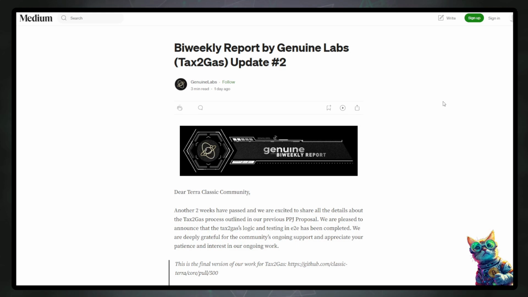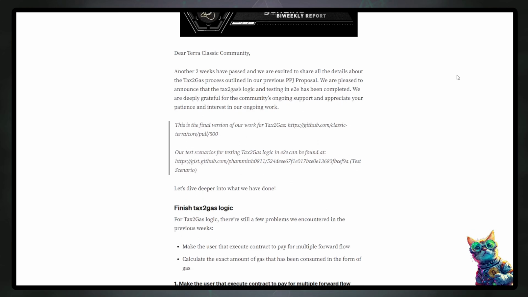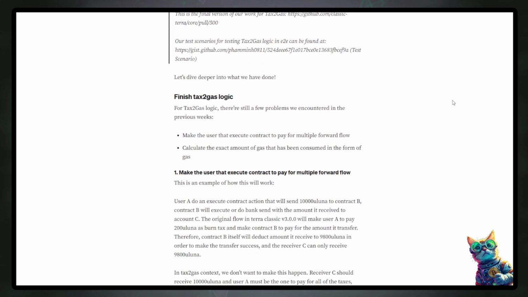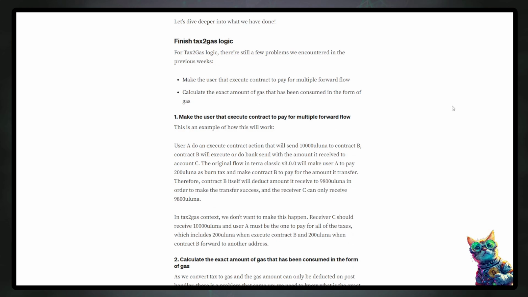Now, these two discrepancies that we have discussed could have been avoided if communication was better, if they were communicating with everybody, because this could have been flagged beforehand.